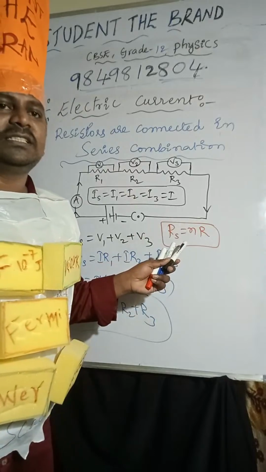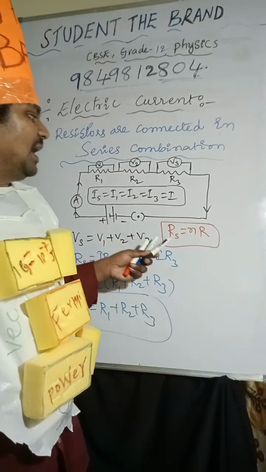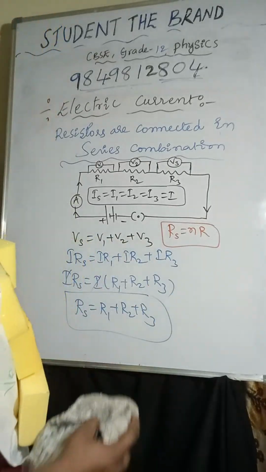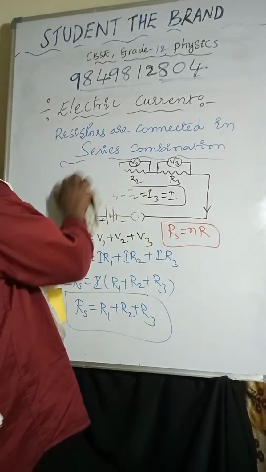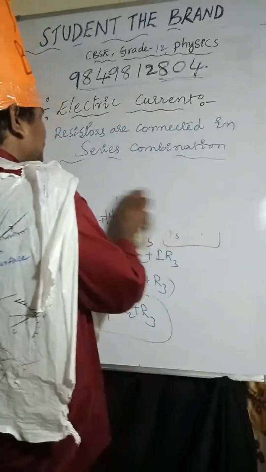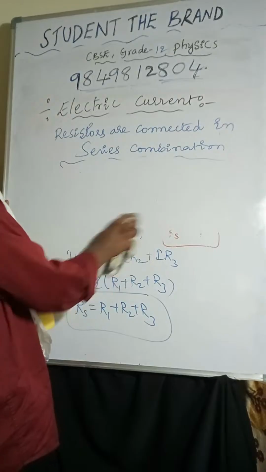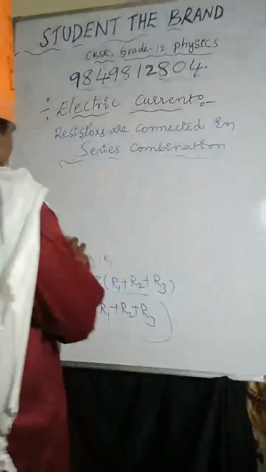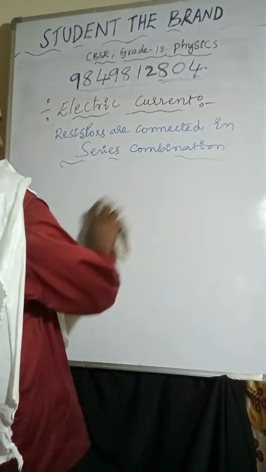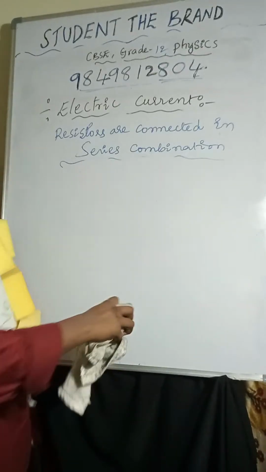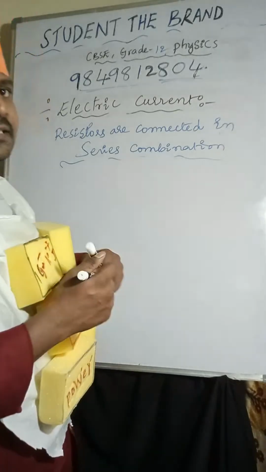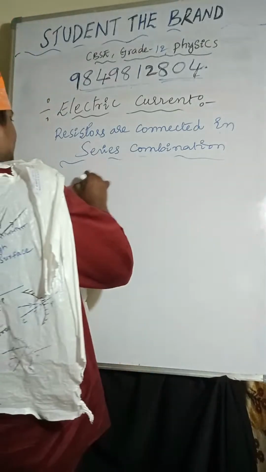If n number of resistors are connected in series combination, Rs equal to nr. So now we'll discuss about resistors connected in parallel combination. Now you can see resistors are connected in parallel combination.